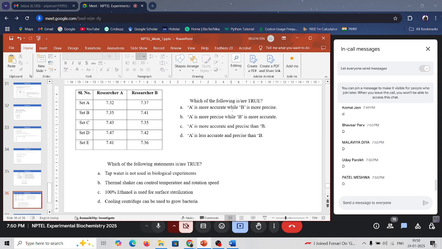Yes, you can try this. Which of the following is true? Like A is more accurate or B is more precise, and this we have done a lot of. So just another example. Just give it a try.